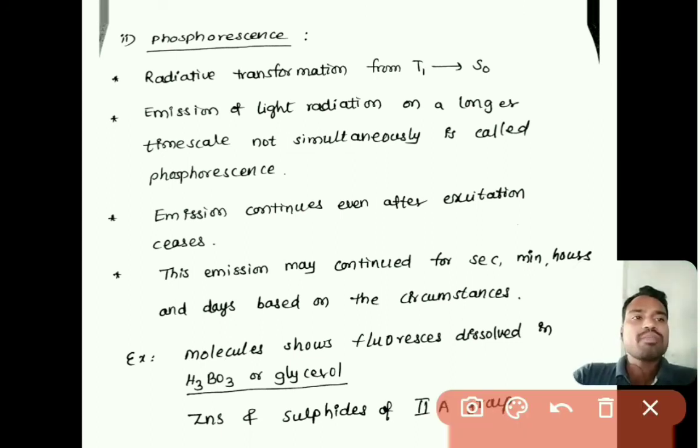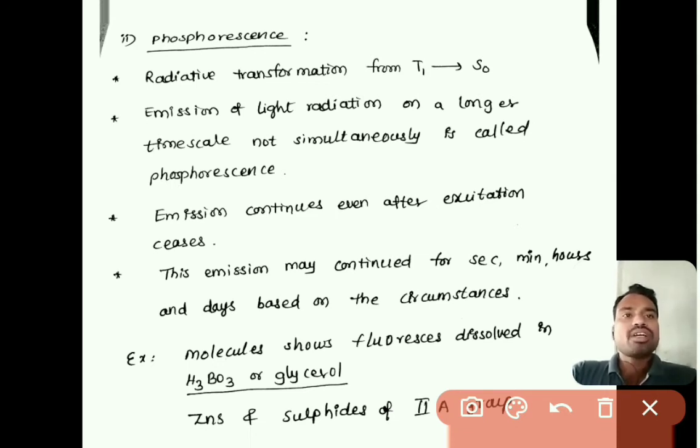takes place for a long time, meaning there is a lag between the absorption and emission. In the case of phosphorescence, emission does not take place immediately after the absorption; it requires some time, meaning there is a time lag between absorption and emission, right.